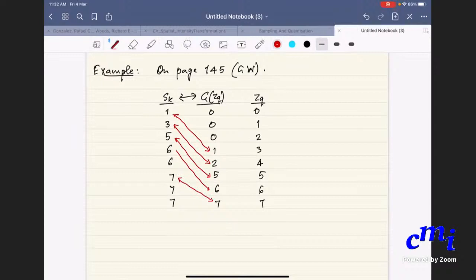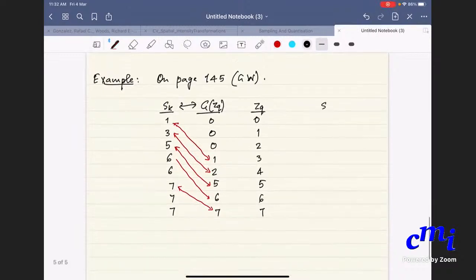Now the correspondence between SK and ZQ will be: the intensity value 1 here corresponds to 3, because this matching gives us this correspondence. 2 was corresponding to 4, 5 to 5, 6 to 6, 7 to 7.